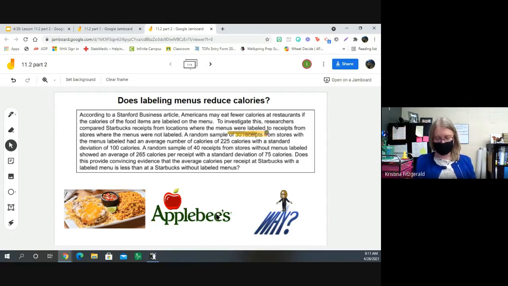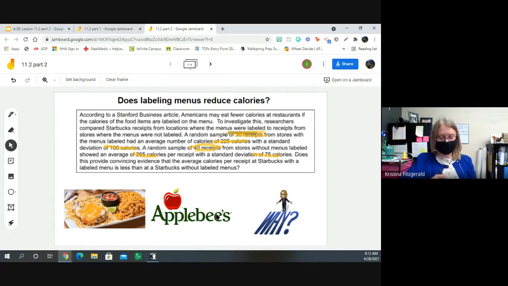30 receipts from stores with menus labeled had an average number of calories of 225 with a standard deviation of 100. A random sample of 40 receipts from stores without menus labeled showed an average of 265 per receipt and a standard deviation of 75 calories.